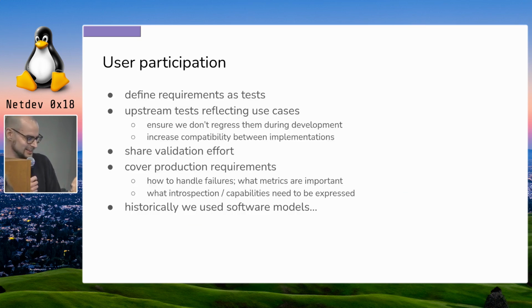Okay, so the user participation part is basically that we can get the users to contribute both to define the features and also to share the validation effort. So if you have a use case and you care about some particular way that you get an RSS context, you configure it in a way, you do the zero copy, you should be able to send that as a basic test upstream, and we will run it and validate that the vendors don't regress your use case.